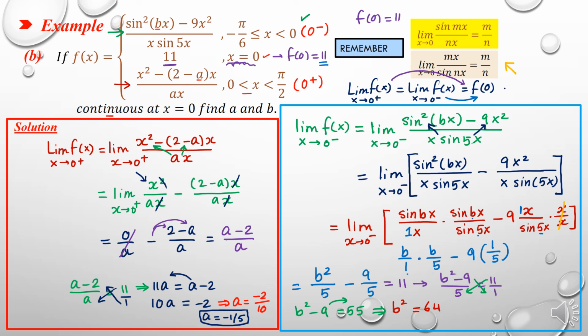After that you have to take the square root for the two sides, and you will get the values of b. Here we have two values of b, so b equals plus or minus 8.